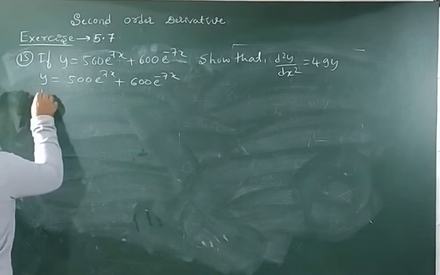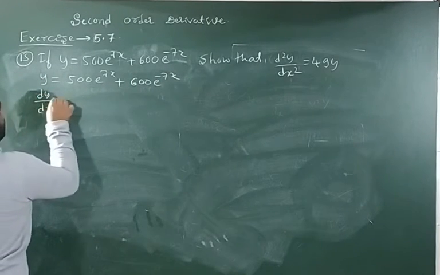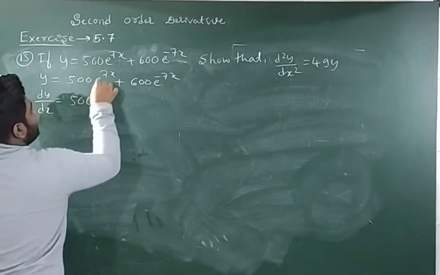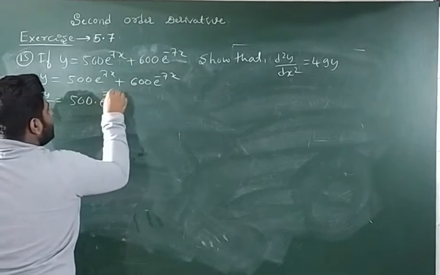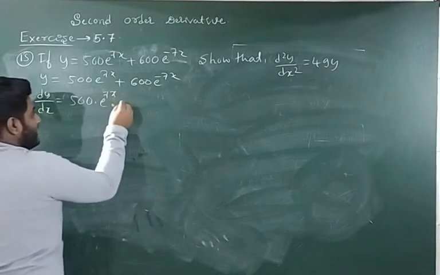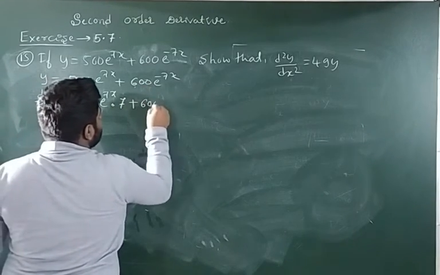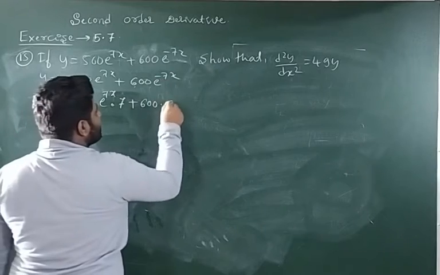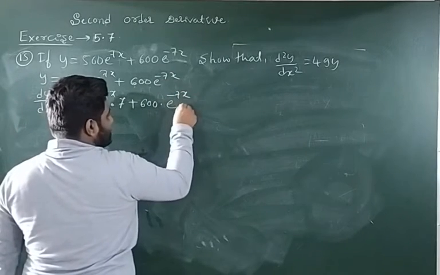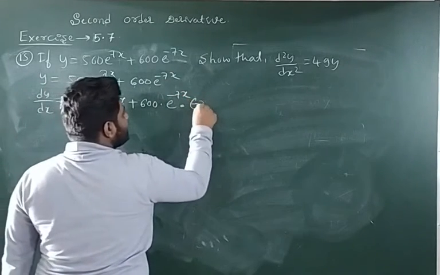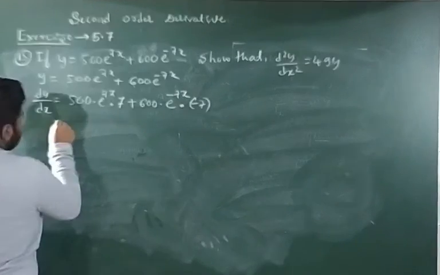Find dy by dx. dy by dx is equal to 500 constant as it is, e raised to 7x differential is e raised to 7x into 7, plus 600 constant as it is, differentiation of e raised to minus 7x is e raised to minus 7x into minus 7.